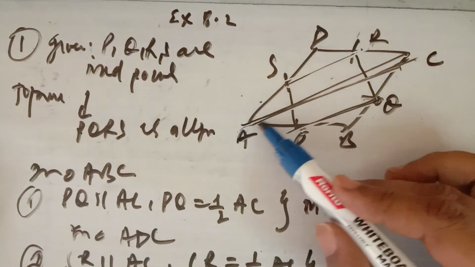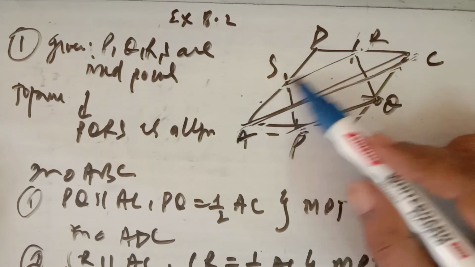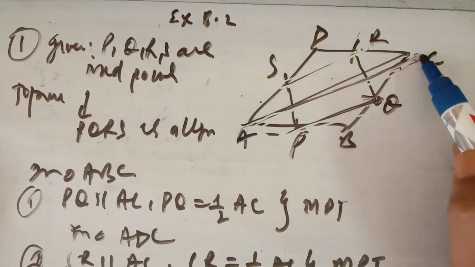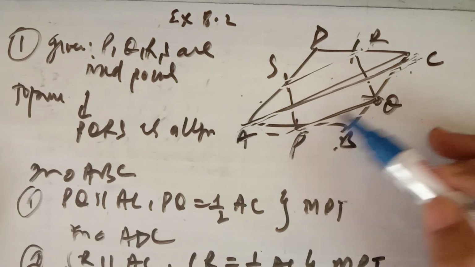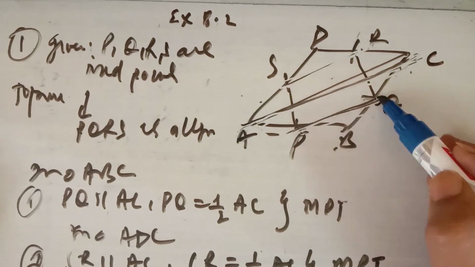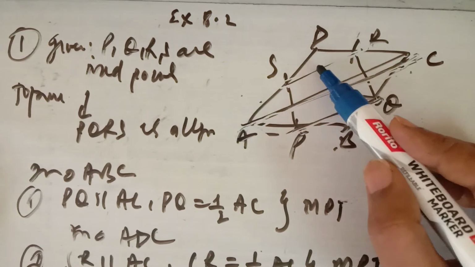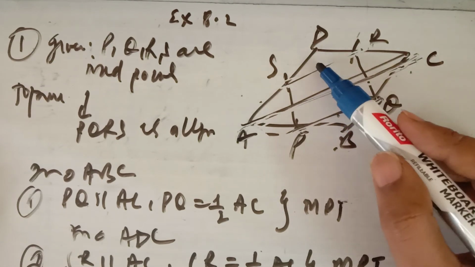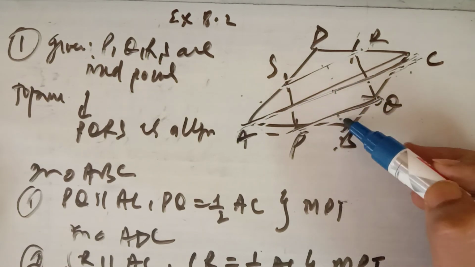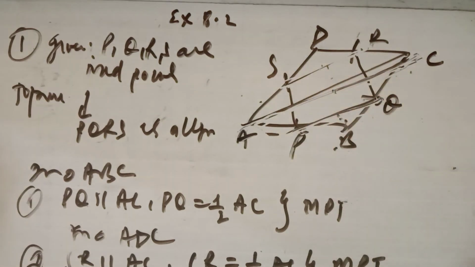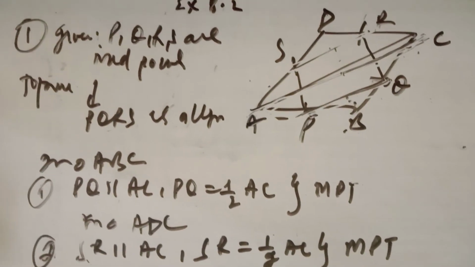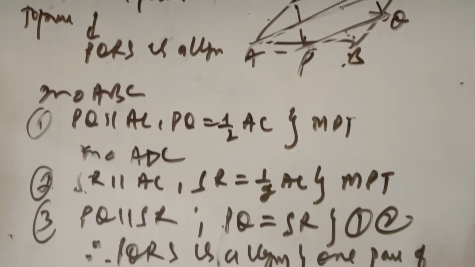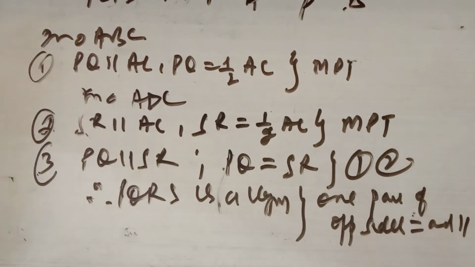This is the midpoint, and by the midpoint theorem this will be half of and parallel to AC. In triangle ABC, P and Q are the midpoints, so PQ will be parallel to and half of AC. Because SR is also parallel to and half of AC, PQ is parallel and equal to SR. So it is a parallelogram, because one pair of opposite sides is equal and parallel. So this will be used. Okay, we'll do the next question in the next lecture. Thank you.